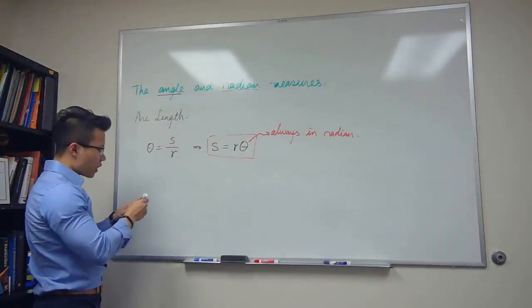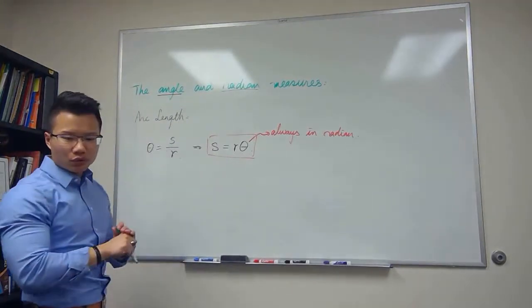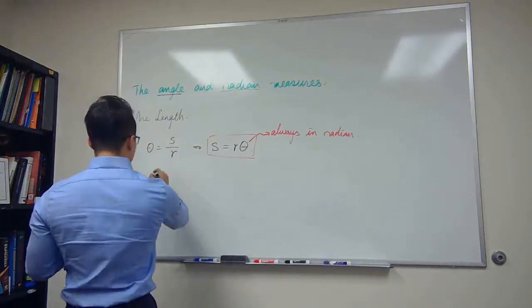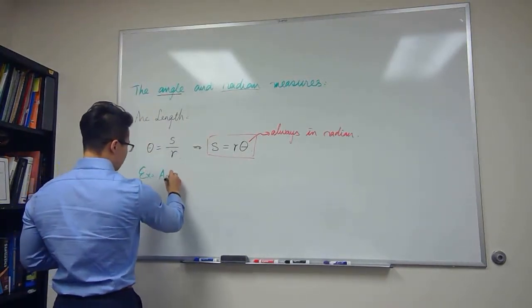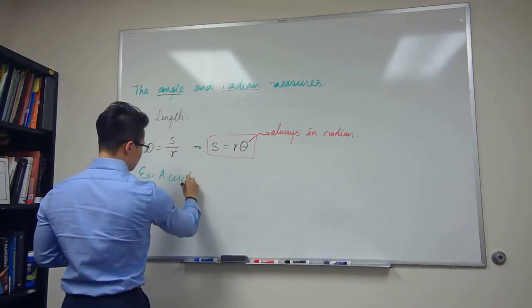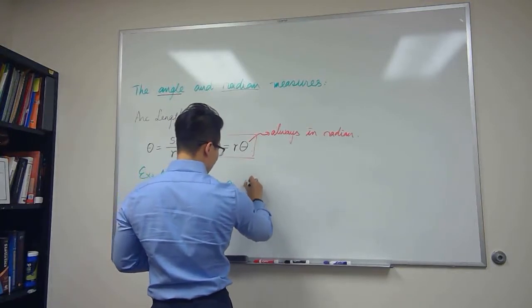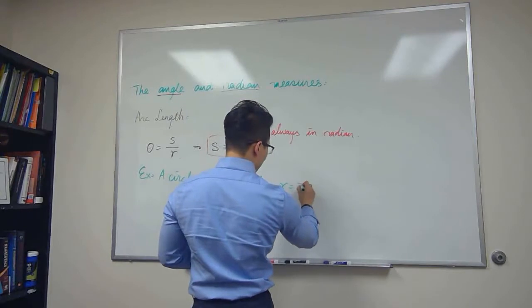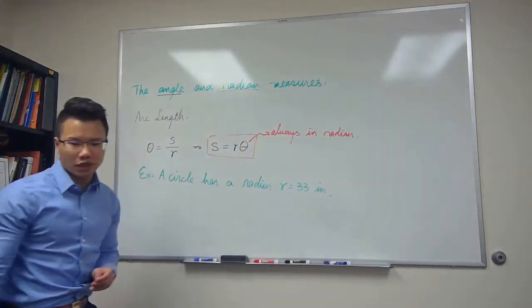So here is a problem. I can give you an example, and hopefully that will be easy for you to grasp. Okay, so a circle has a radius R equals 33 inches. Okay, 33 inches.